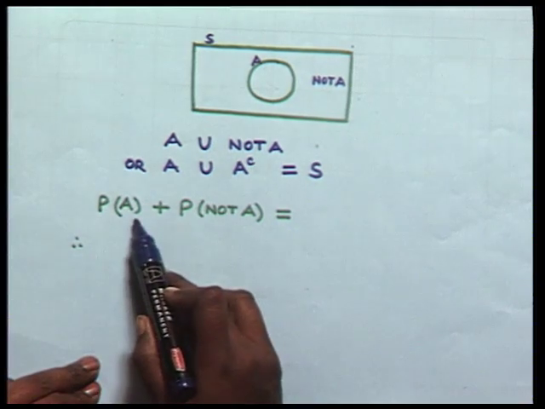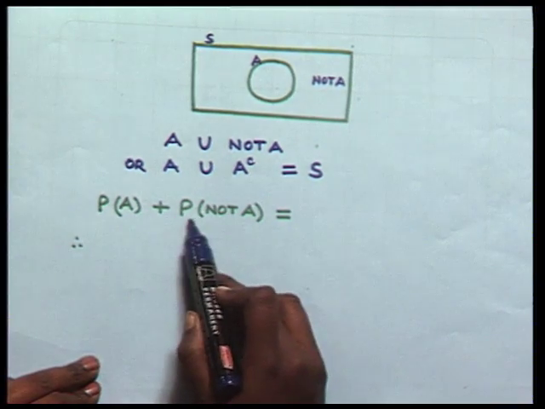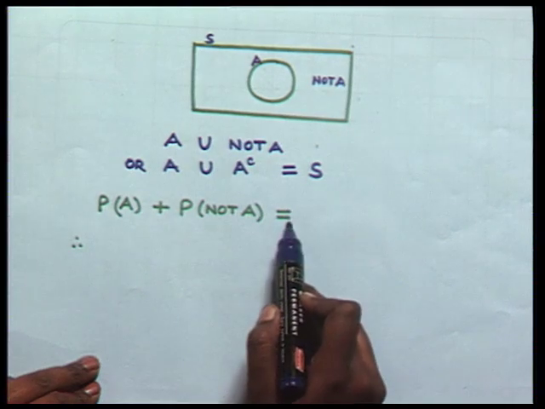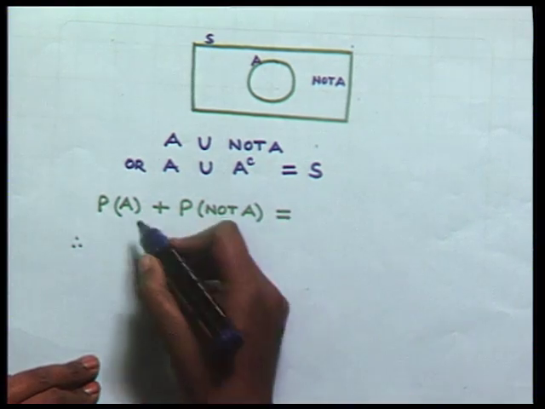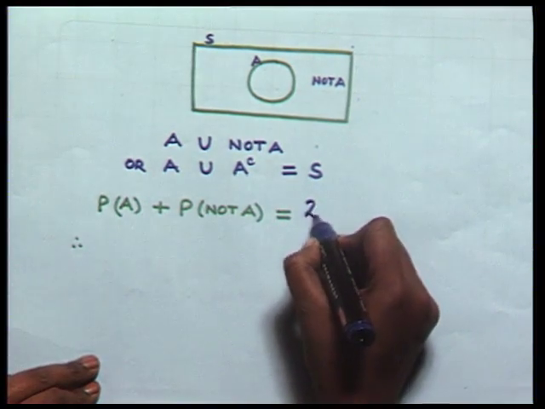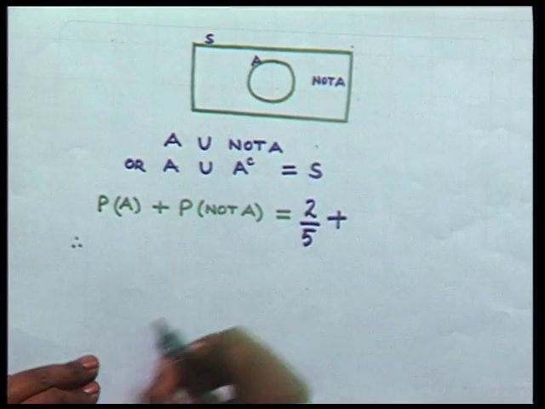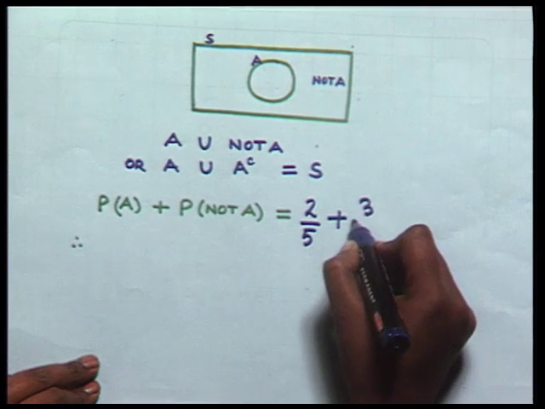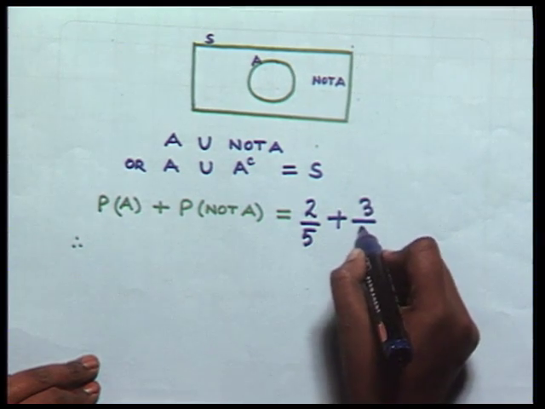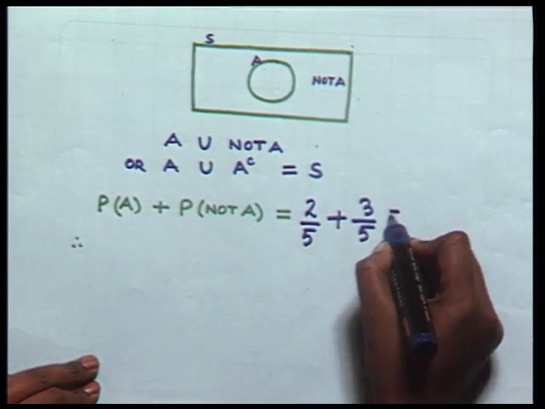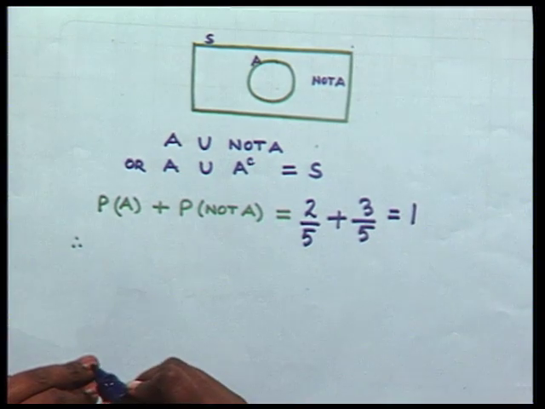Therefore, probability of A plus probability of event not A is equal to, since probability of A we had 2 upon 5, and probability of event not A is 3 upon 5, this is equal to 1.